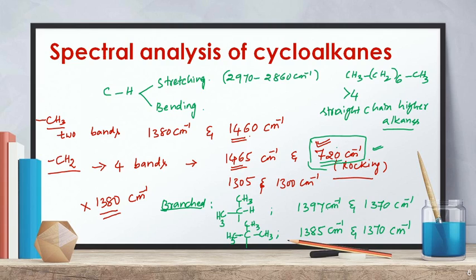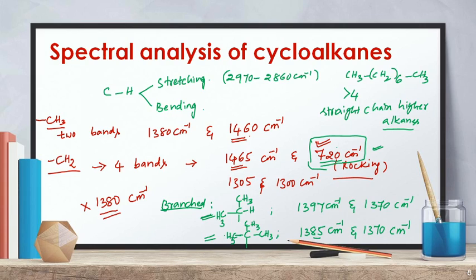So in the spectrum, if you find the two peaks at 1397 and 1370, it gives clarity that your compound has an isopropyl unit. If you have 1385 and 1370 peaks, it gives the information that your compound has a tertiary butyl group.